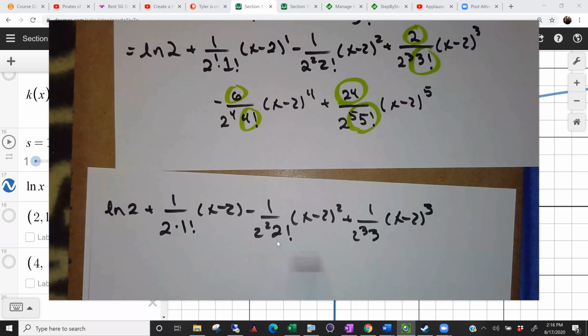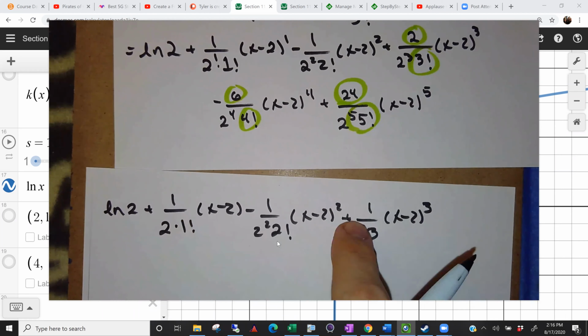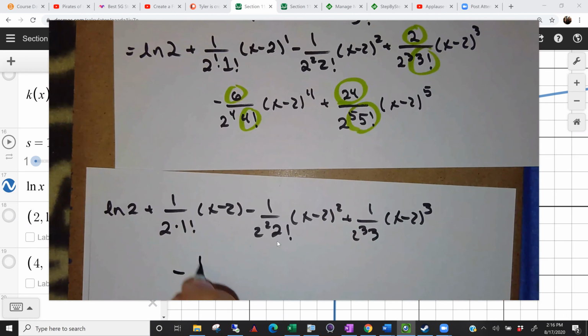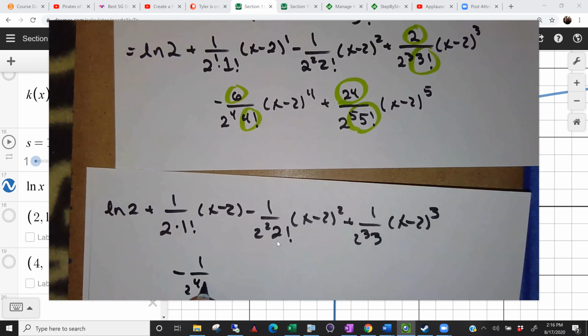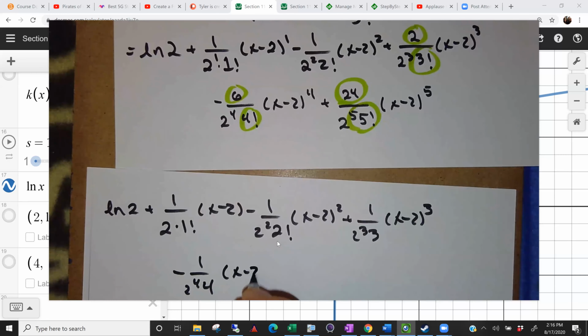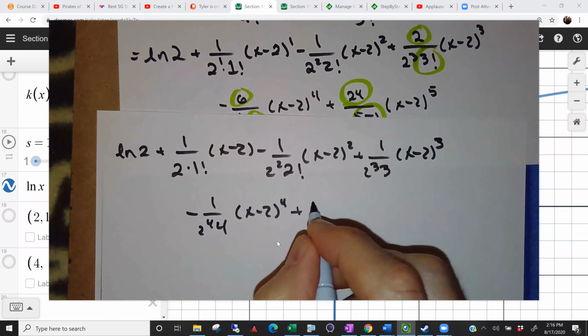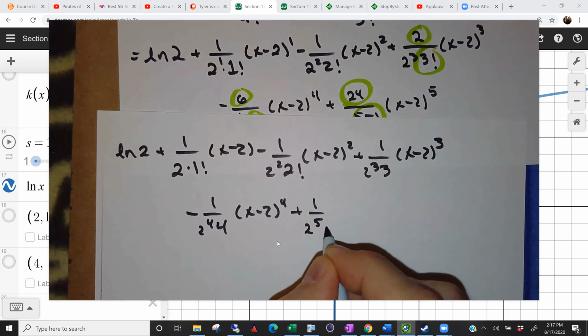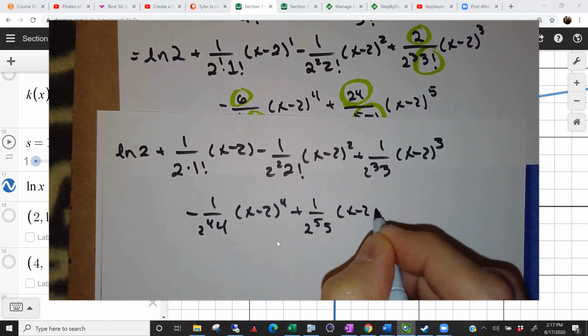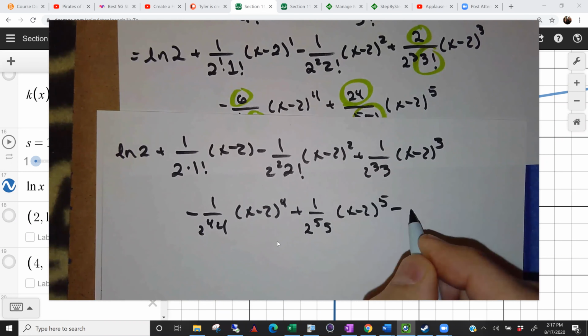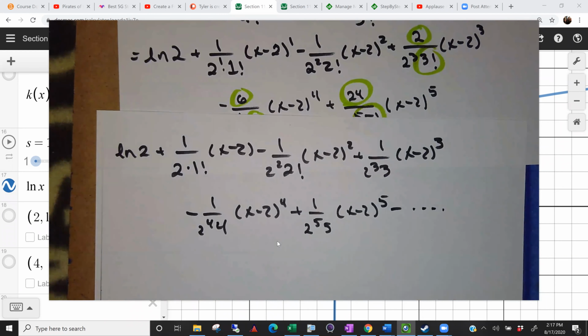So the pattern is that this power of 2 and this exponent here are going to match. So the next term is going to be, let's see, plus, minus, plus, minus. So it's going to be minus 1 over 2 to the 4th times 4, x minus 2 to the 4th power. And then finally, plus 1 over 2 to the 5th times 5, x minus 2 to the 5th, and so on. But that's enough for me to decide the general pattern.